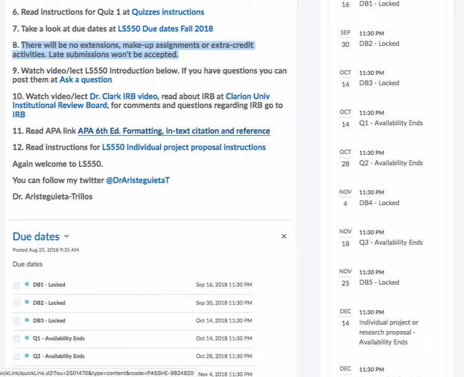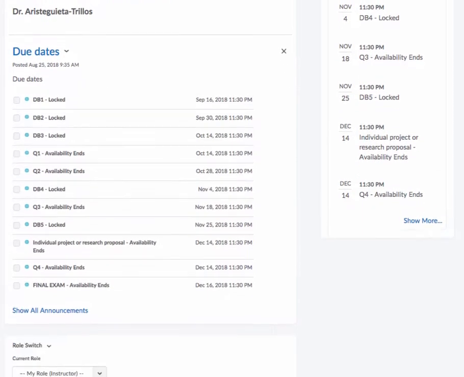I have put some links there that will help you understand how to format and how to cite and how to write your reference in your paper. Again, the main goal in this paper is to have a research or project proposal that is 3 chapters: the introduction, the literature review, and the methodology. Make sure you read the due dates.